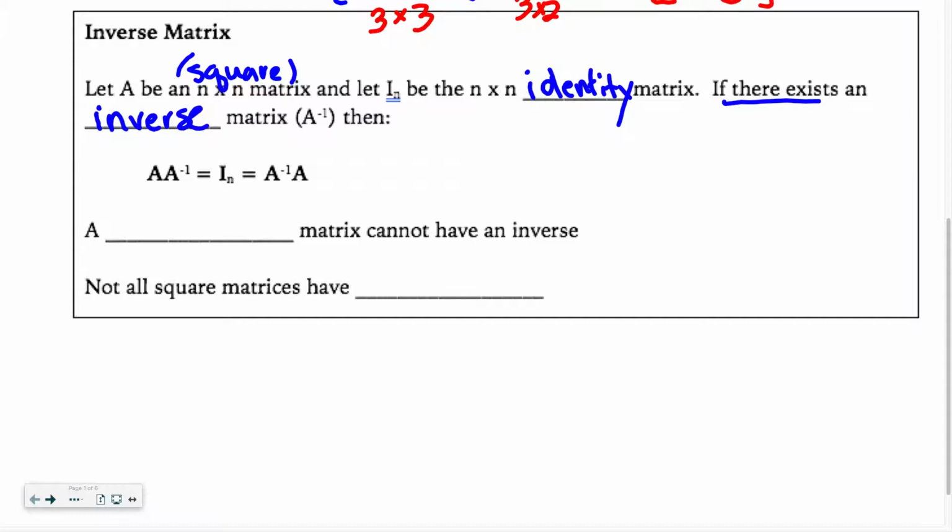And that is true about real number inverses as well. There's a multiplicative inverse for every real number. Like, the multiplicative inverse for 2 is 1/2, because 2 times 1/2 gives me 1, the identity value. So inverses are things that undo each other.